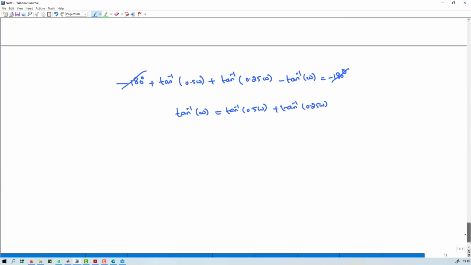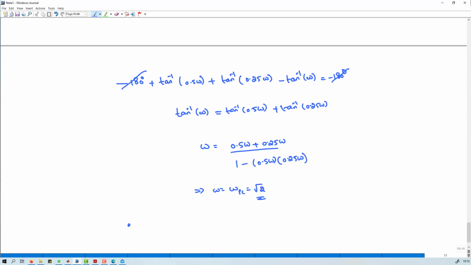So omega is equal to (0.5 omega plus 0.25 omega) divided by (1 minus 0.5 omega into 0.25 omega). If you substitute, you will finally get the phase crossover frequency as root 2.